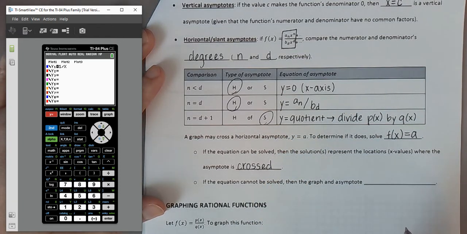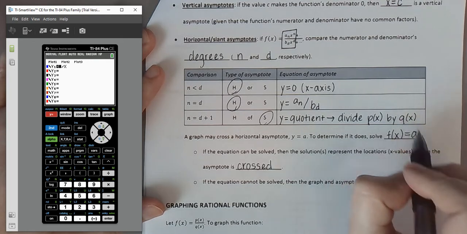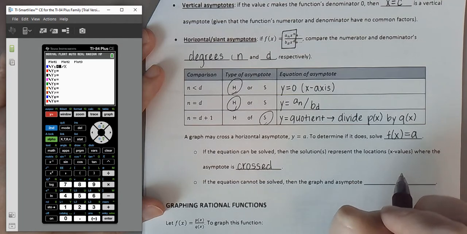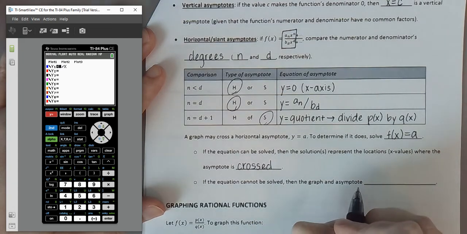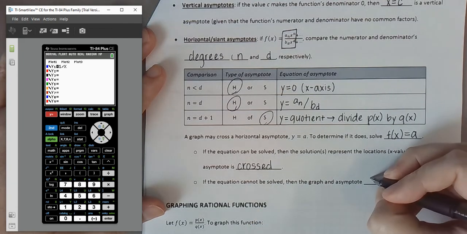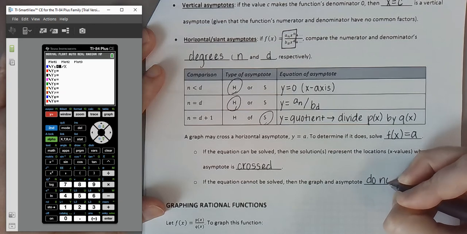If we can solve for x and get an actual solution, those are going to be the locations where our asymptote crosses our function. Now, it's also possible that when we create this equation and attempt to solve it, we end up with an equation that can't be solved. If that's the case, then the graph and the asymptote do not cross.